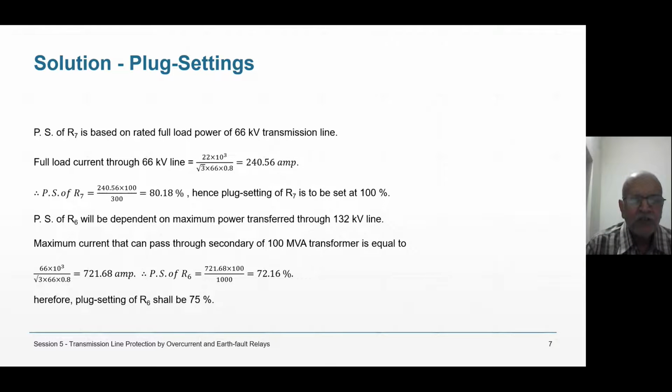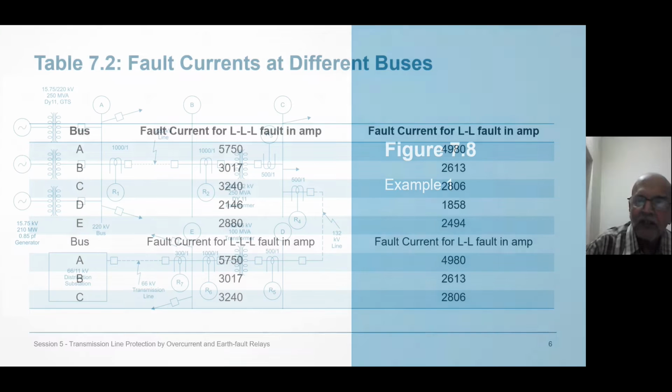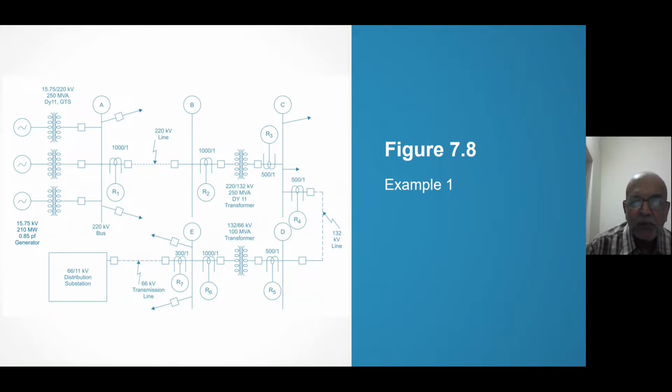PS of R6 will be dependent on the maximum power through the 132 kV line, because whatever the 132 kV line takes is flowing through R6, on the 66 kV side.